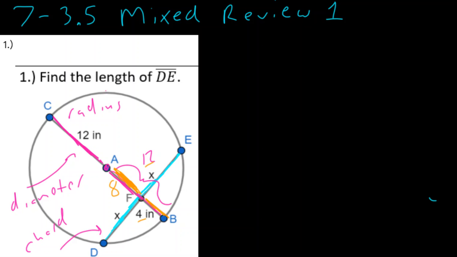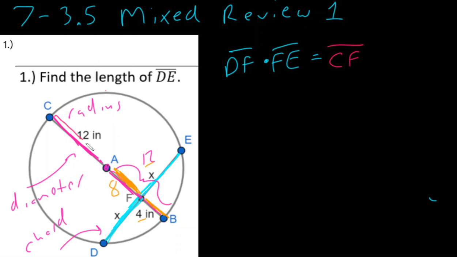Remember that whenever you're solving a situation with chords and diameters, you're always doing the part times the part. So for example, here in the middle we have DF. Let's go ahead and write out our little statement here. DF times FE, so it's part 1 times part 2, is equal to, I'm going to do this other one in purple, CF.